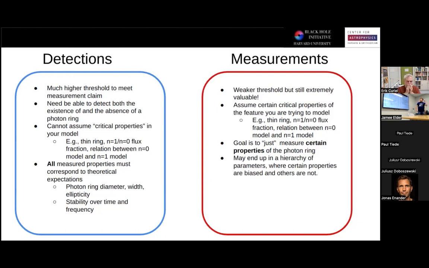I don't really buy that language, mostly because to claim a detection, you need to meet a bunch of pretty high thresholds. I don't think the original paper did. So one thing is if I'm able to detect it, I have to be able to also detect the non-existence. So I want to know, maybe GR is wrong, maybe something happened, maybe the accretion flow is optically thick, and the n=1 photon ring is gone.